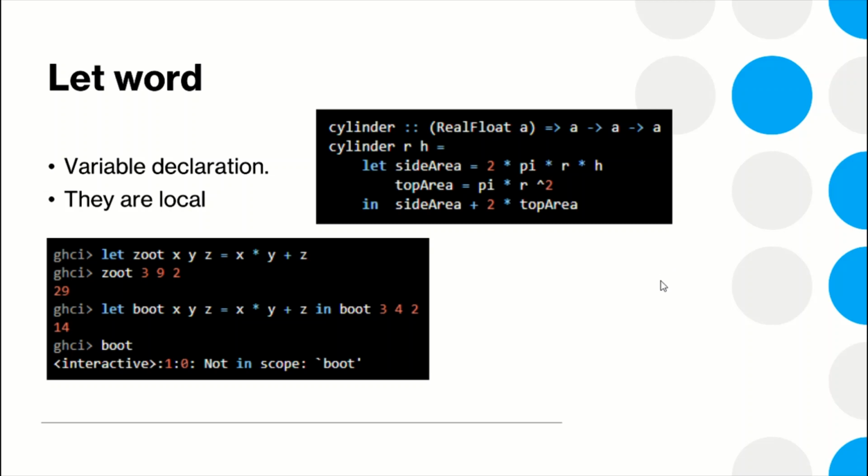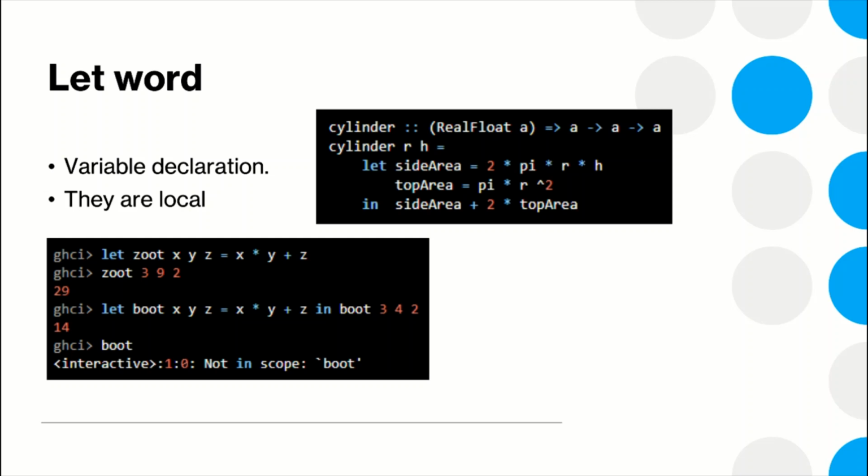The let word works to declare some variables, and they are local, so it's like the where syntax, but in this case we can use the variables specified in the let part after the in word.